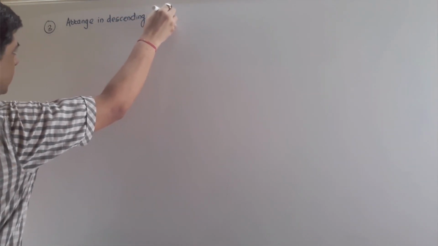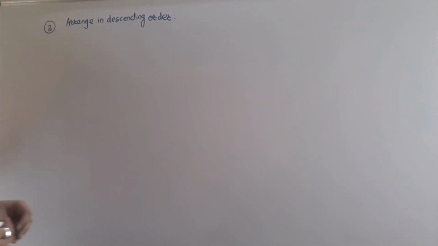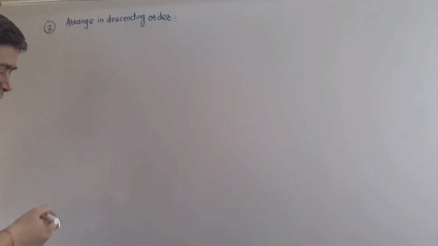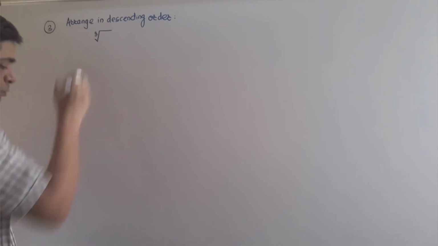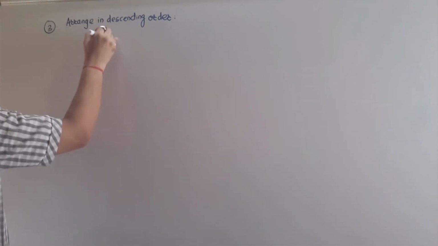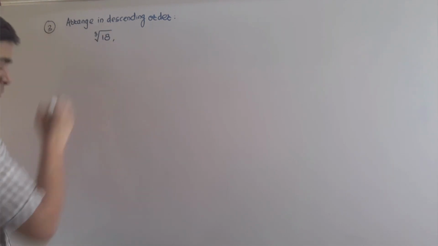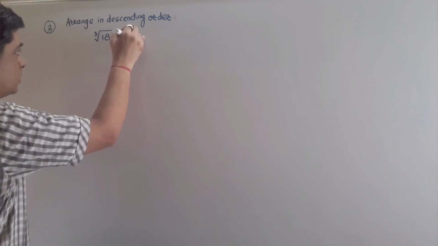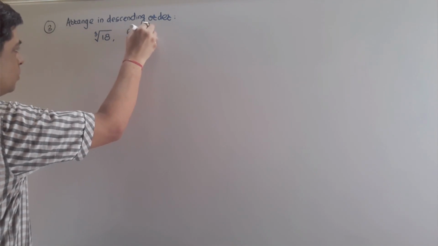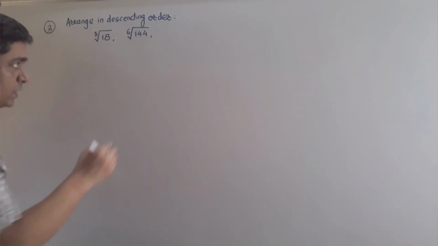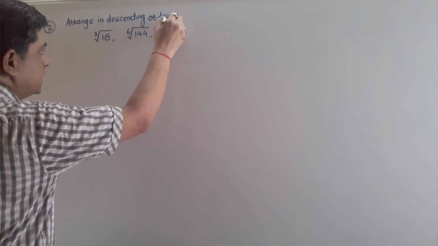Okay, we have to arrange it in a descending order. What terms we have given here? Terms are given cube root of 18, one term, comma, then 6th root of 144. Okay, and the last term we have given here square root of 6.